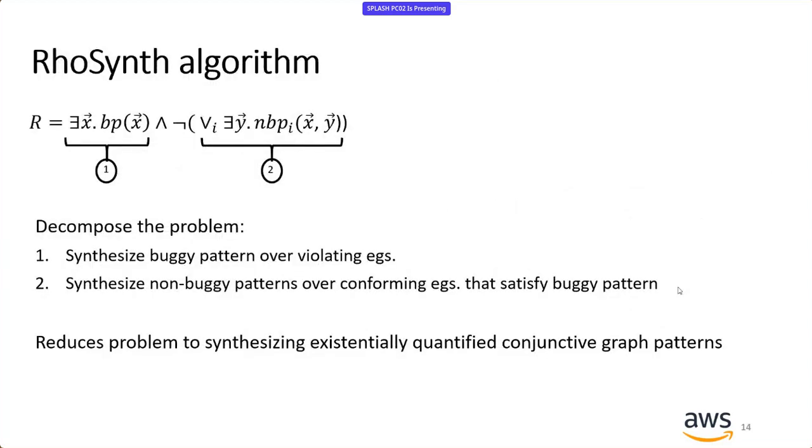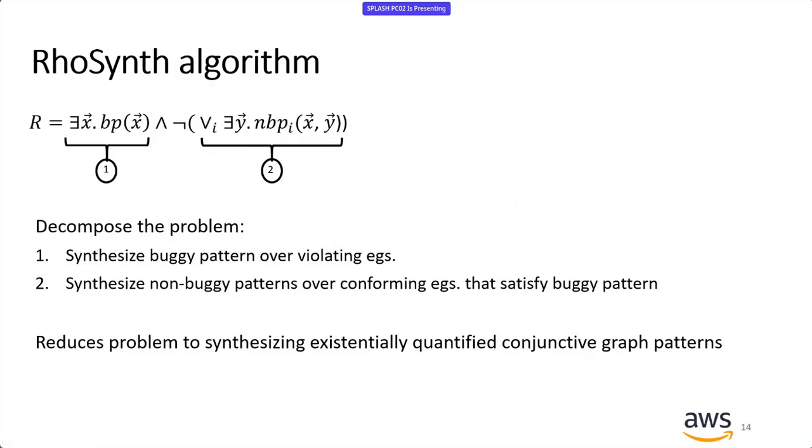Okay, so let's now look into the algorithm. Our algorithm is called RhoSynth. The algorithm decomposes this rule synthesis problem into two stages. In the first stage, we are synthesizing a buggy pattern over violating examples. And in the second stage, we find conforming examples that satisfy the synthesized buggy pattern, and we try to synthesize a non-buggy pattern over those conforming examples.